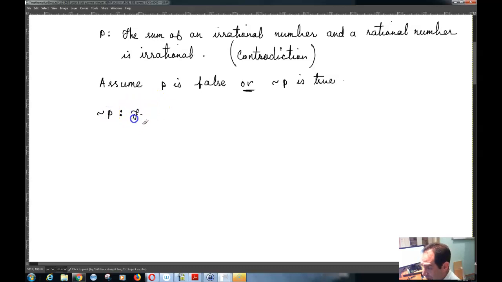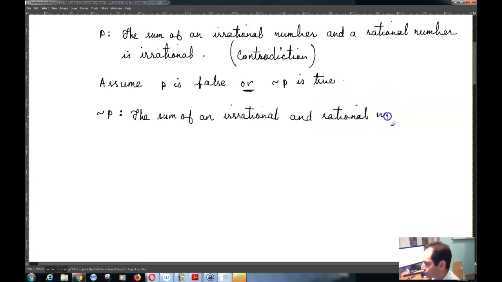Not P becomes the sum of an irrational and rational number is rational, meaning that it is not irrational, then that would mean that it is rational.